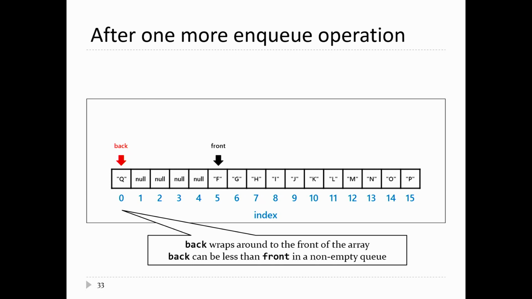The value of back is less than the value of front. So it can be the case in this implementation that back is not always greater than front, even though back is supposed to be the index of the element that's at the back of the queue.